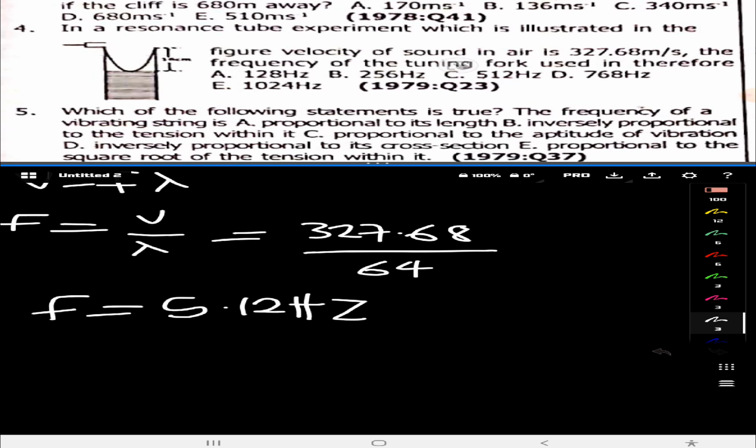The unit of frequency is Hz, called hertz. Next, I'll give you the task. In a resonance tube experiment, just like the one illustrated in the diagram above, the length is given as 32 centimeters and a velocity of 680 meters per second is given. Calculate the frequency of the tuning fork.